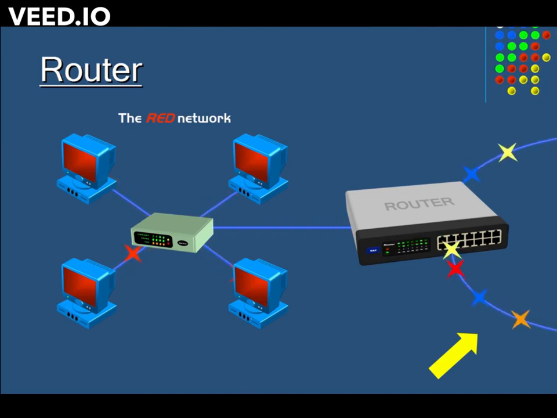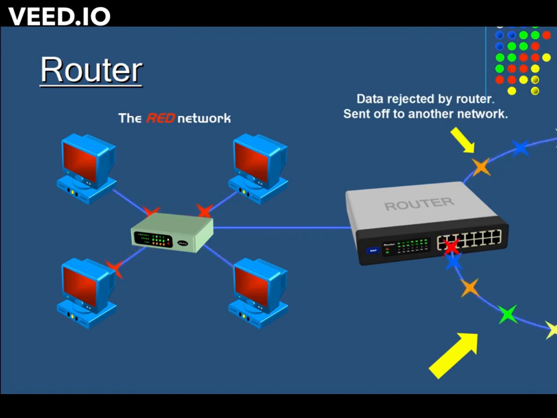Now the router is only going to accept the red data packets because they are the only ones intended for this network. So all of the other data packets, the yellows, blues, greens, etc., will be rejected by this router because their IP addresses were not meant for this network.